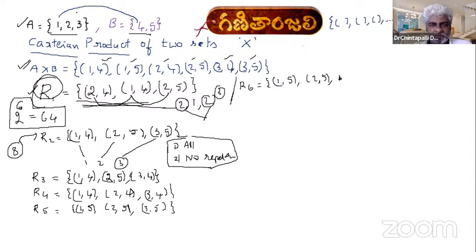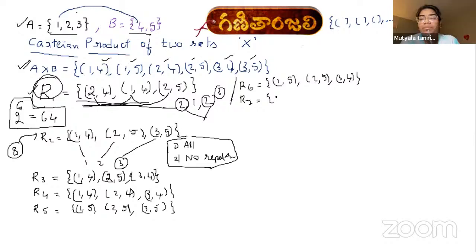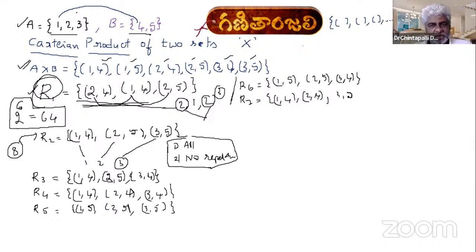Very good. Next: 1, 4, 2, 4, and 3, 5. Very good. Next, R8.